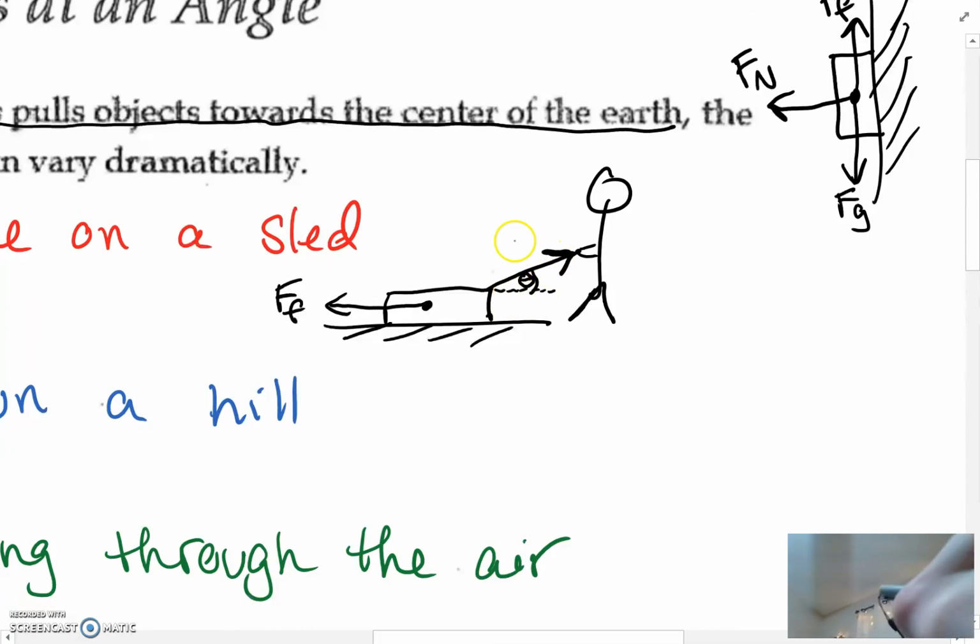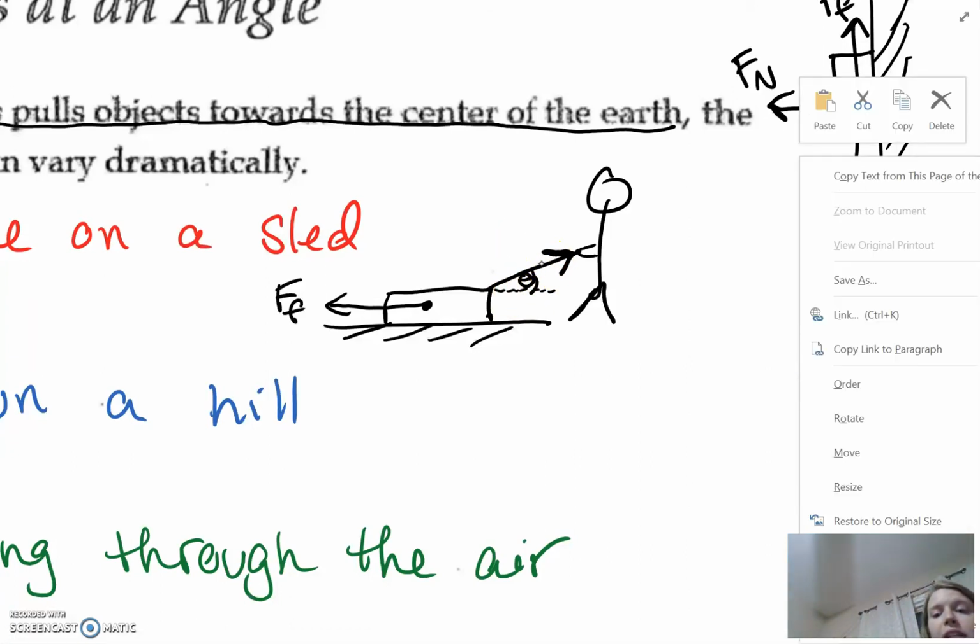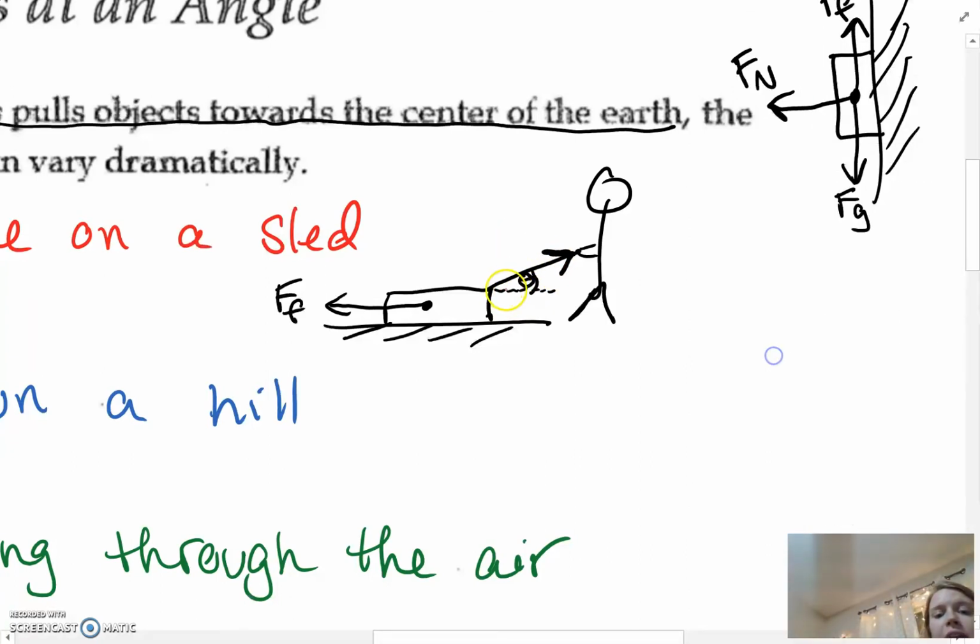What we have to end up doing with this force that we have at an angle is finding the components, just like we did. So if we call this force F, in order to find the component that's balanced with the frictional force, if this was moving at a constant velocity, you need to find the x component of that force.